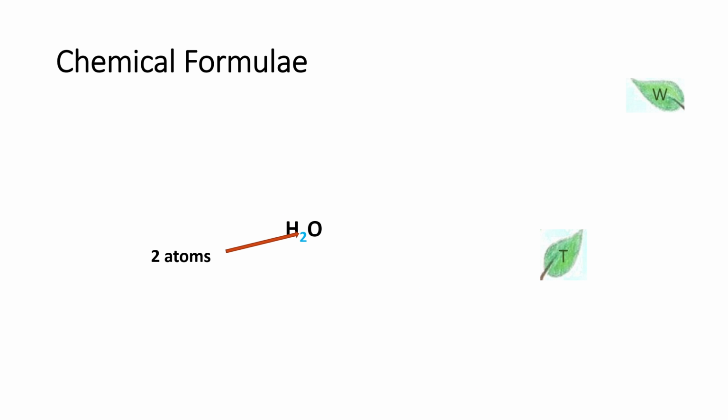Now, this little 2 here, this little subscript 2, means there are 2 atoms of hydrogen, and the 2 always comes after the element it's representing. So there are 2 atoms of hydrogen, but because there is not a little number next to the oxygen here, that means we only have 1 atom of oxygen.